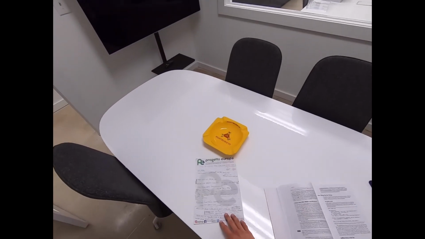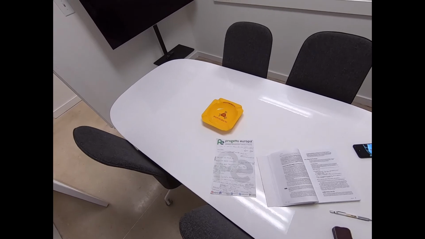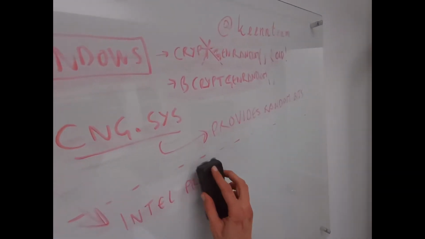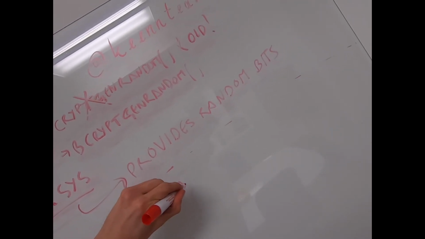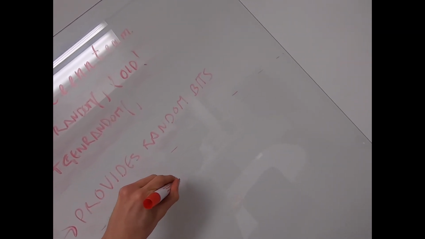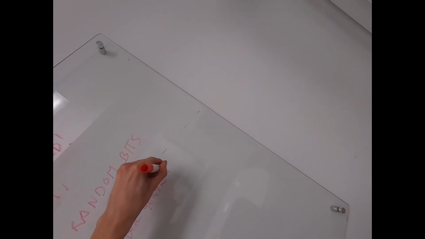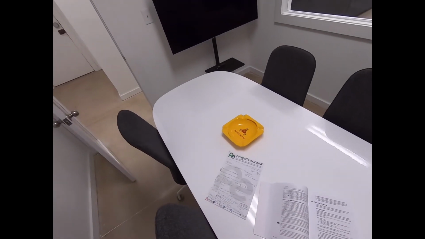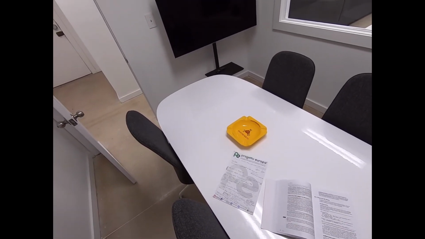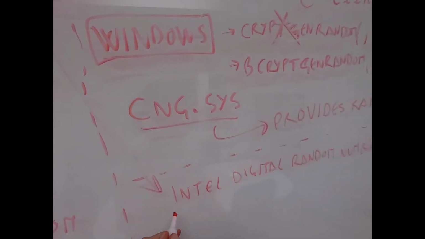It's called the Intel Digital Random Number Generator, and this is basically something embedded into the Intel chip, in the processor chip.